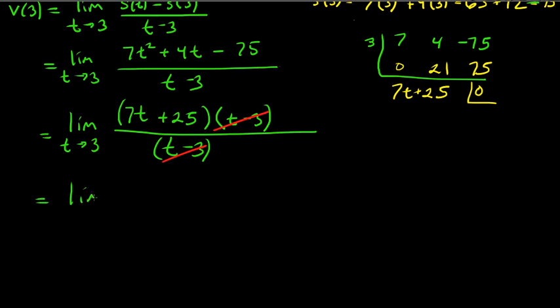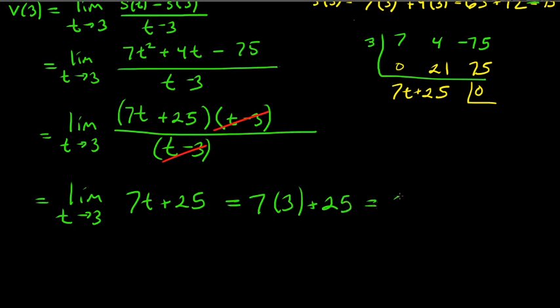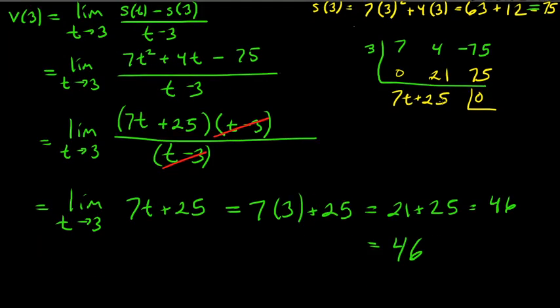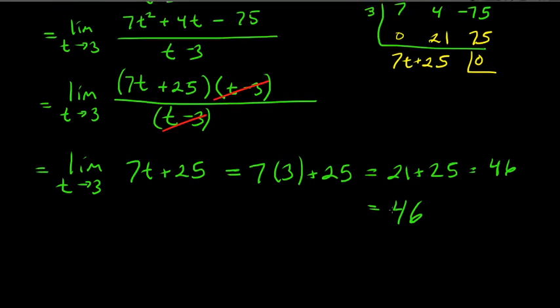And now there's no problem taking the limit as t approaches 3 of 7 times t plus 25: just plug in the 3. 7 times 3 plus 25 is 21 plus 25, which is 46. 46 what? Oh, I didn't give units here, so 46 whatever. In this case the answer is just 46.